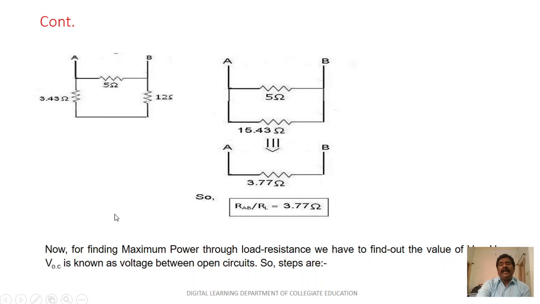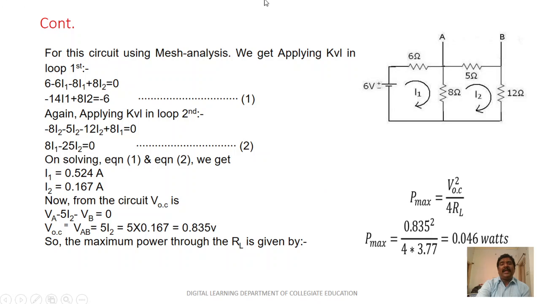So now I can calculate the VTH value for the given network. Replacing back to the first circuit, the same circuit, with only the terminals C and B open.